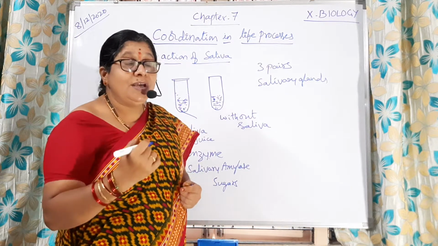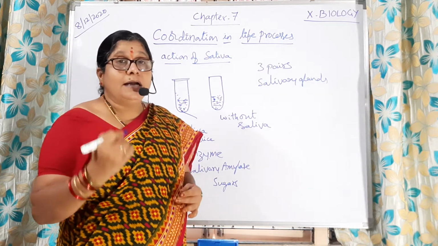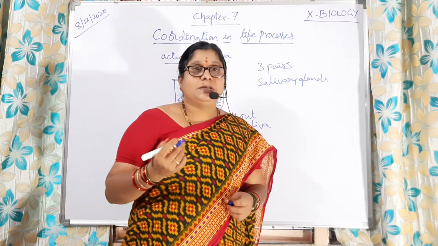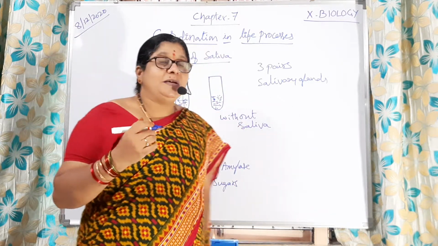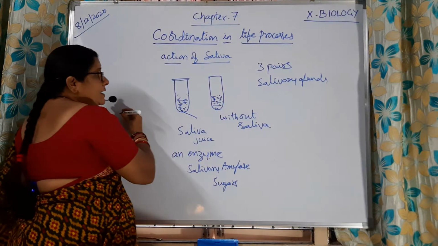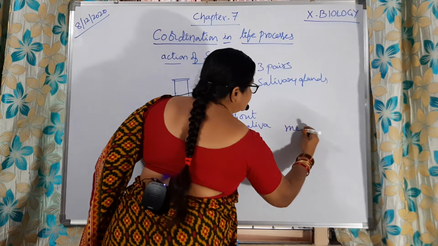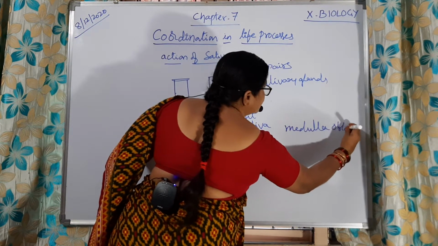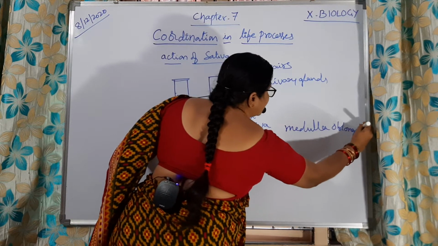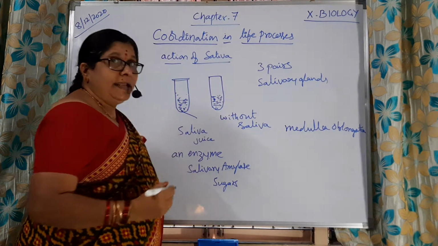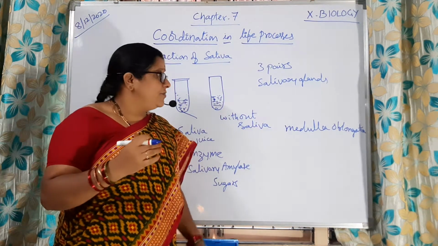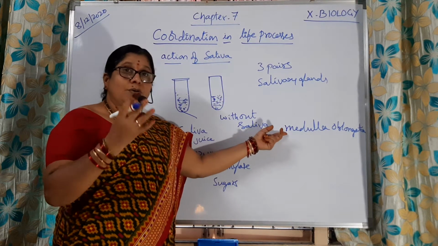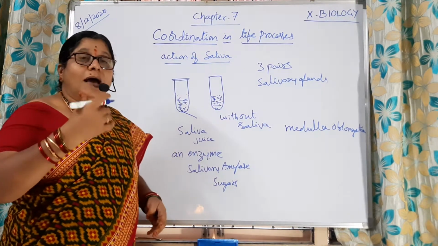That swallowing is under the control of the nervous system, nervous coordination, especially the medulla oblongata. The medulla oblongata in the brain has the center for controlling this process of swallowing the food.